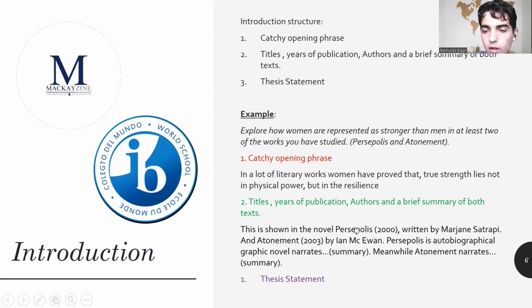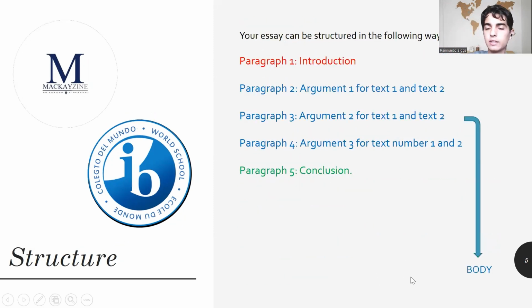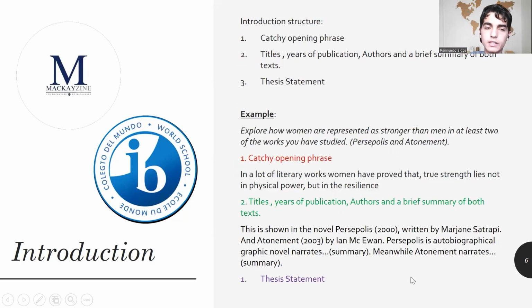This is shown in the novel Persepolis, 2000, written by Marjane Satrapi, and Atonement, 2003, written by Ian McEwan. Persepolis is an autobiographical graphic novel that narrates Marjane's childhood, etc. You summarize the novel. Meanwhile, Atonement narrates, and you summarize Atonement. And then the thesis statement.